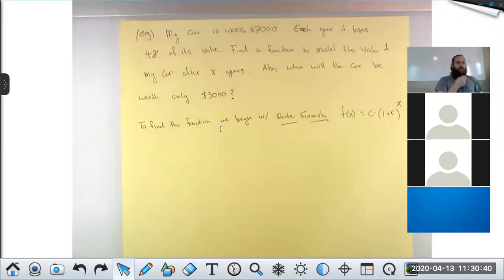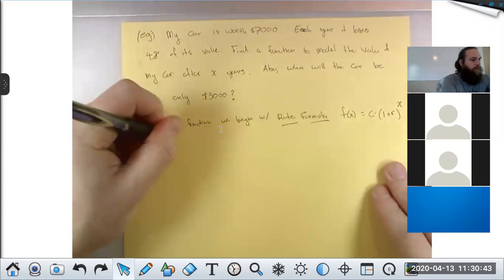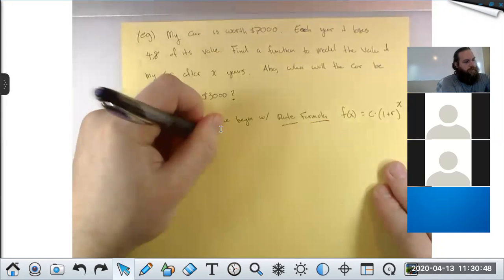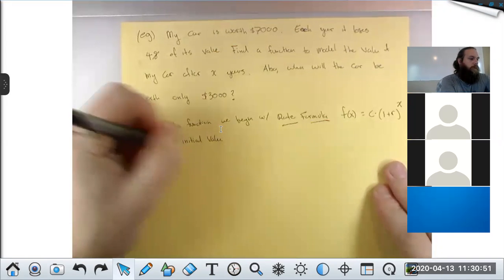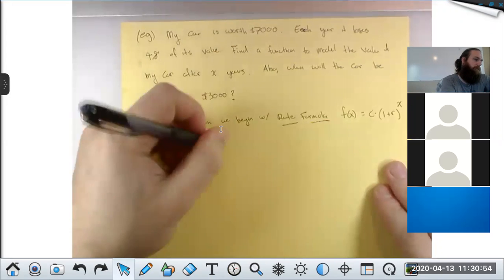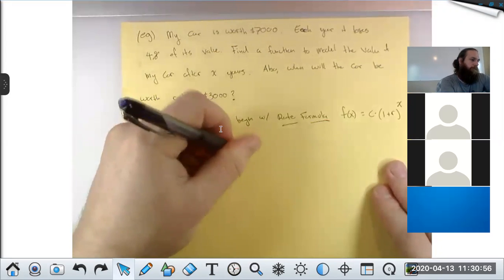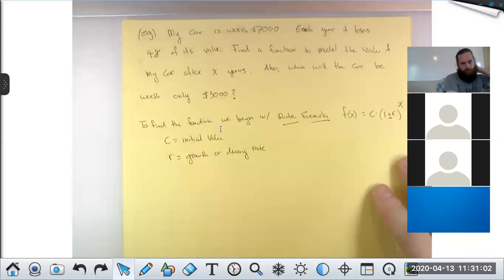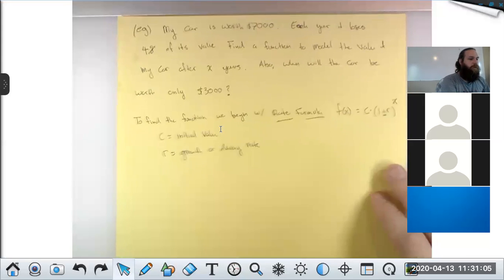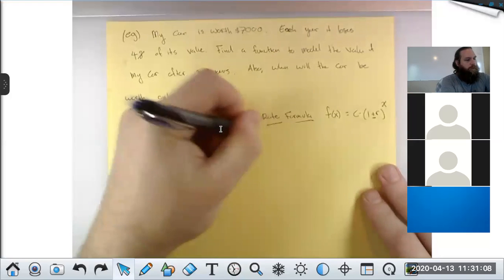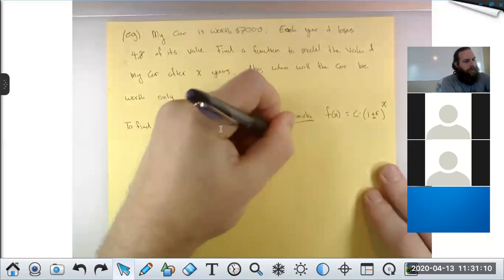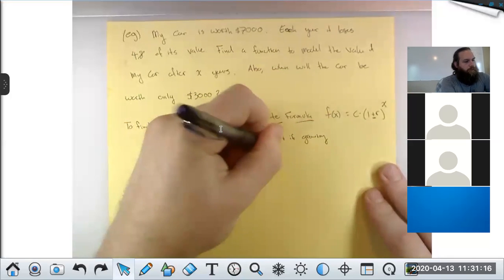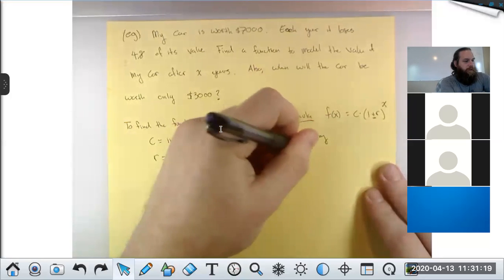So here c is the initial value, and r is the growth or decay rate. The thing you have to be careful with here is that if you're decaying, you're going to treat r as negative, or you're going to subtract there. So we use the plus if growing, and we use the minus if decaying.